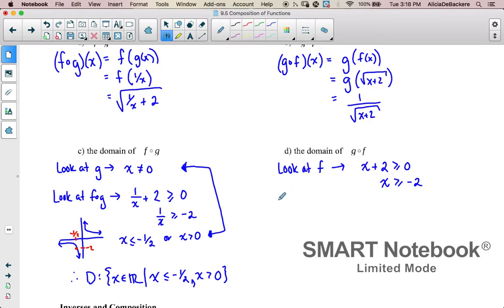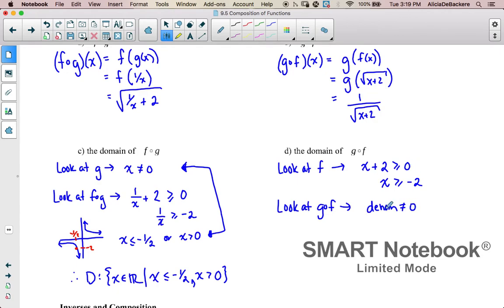So now I'm going to look at the whole function, and I've already come up with this equation here. So looking at g of f, 1 over the square root of x plus 2, what I know is that the denominator can't equal 0. Right? So when I'm looking at a root function, I know that the thing under the root has to be greater than or equal to 0.